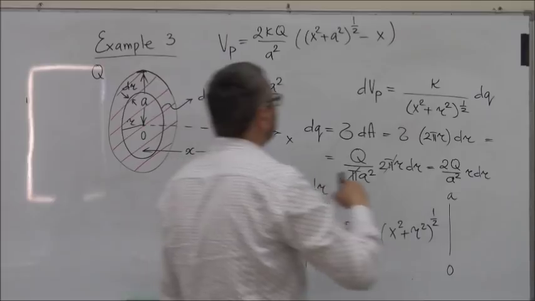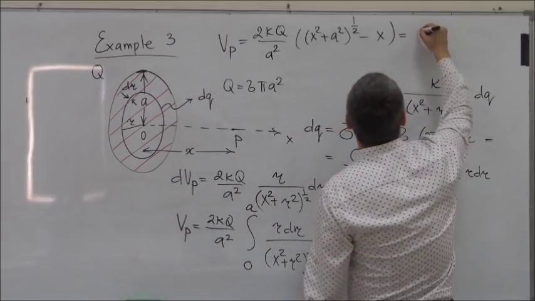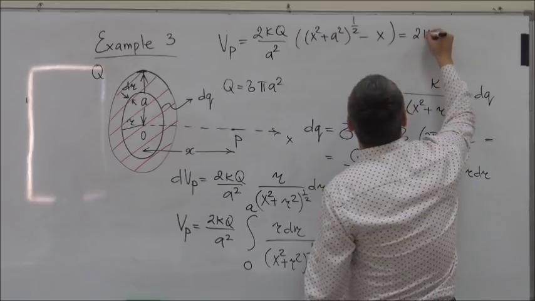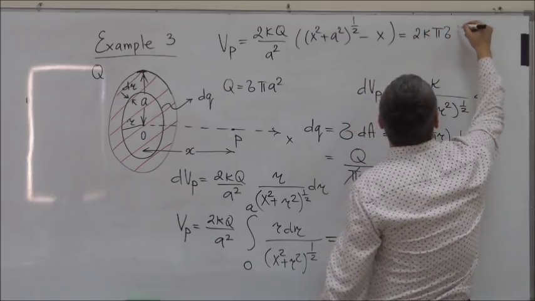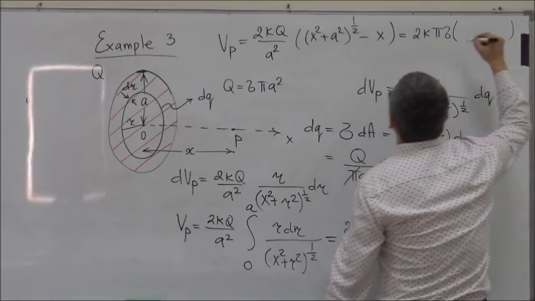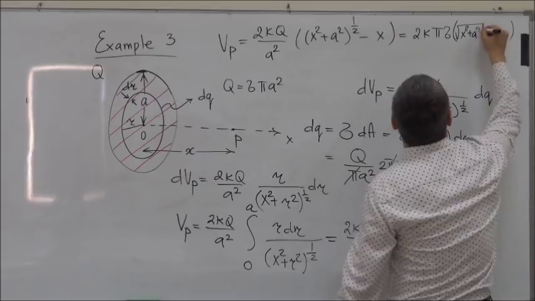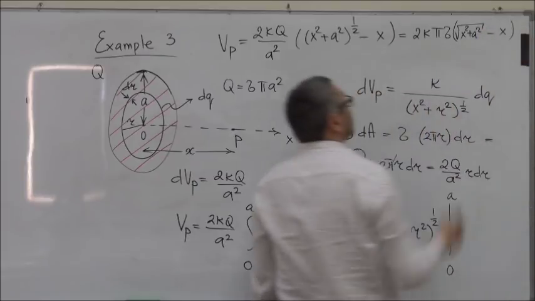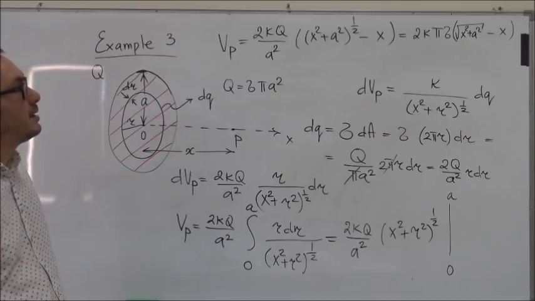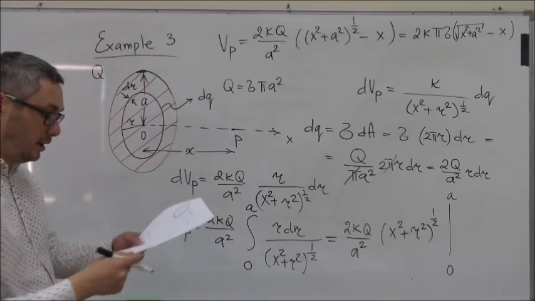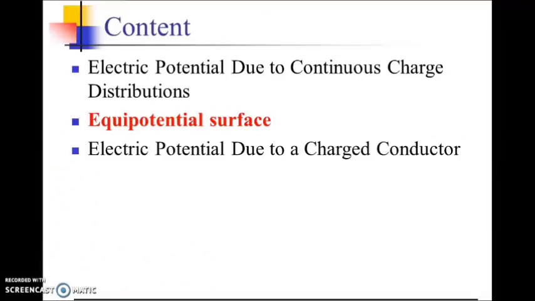If you substitute it in, you get 2k pi sigma multiplied by the square root of x squared plus a squared, minus x. So either this form or this form works. This is the electric potential created by a uniformly charged disk at point P.